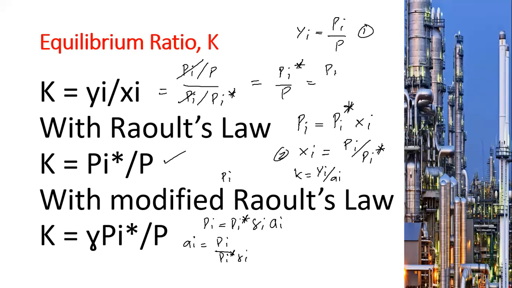Yung sa taas, numerator natin P sub I over P pa rin, pero yung sa baba niya, ito na yung value natin, P sub I divided by P sub I star times gamma I. So magka-cancel pa rin to. Cancel pa rin yan. Pero yung nasa numerator niya, P sub I star times gamma I divided by P. Ito. Do you agree? Nasundan ba lahat ng derivation?